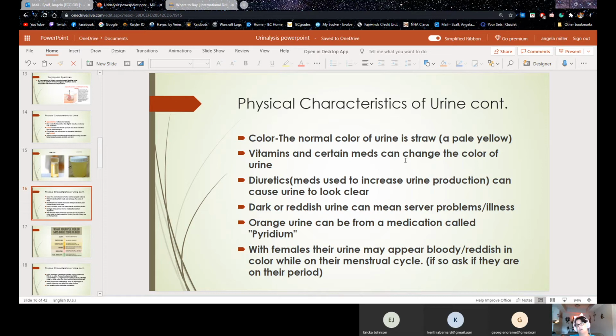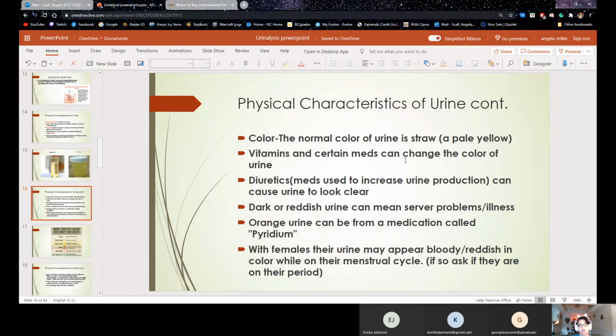Now, we know that diuretics cause people to urinate. And some people who are on diuretics, their urine comes out completely clear. Some people who just drink lots and lots of water, their urine will come out clear. And that's not necessarily a bad thing.